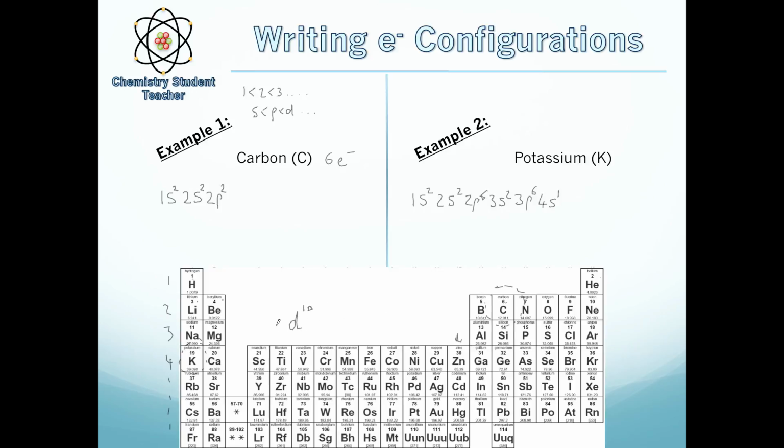You would have 4s2 and 3d10 for something like zinc, because you would have filled up all the 1s, all the 2s, you would have filled up the 3s and the 3p, and you would have filled up 4s, because 4s is filled first, and you would have filled the 10 up to zinc. So 4s2, 3d10.